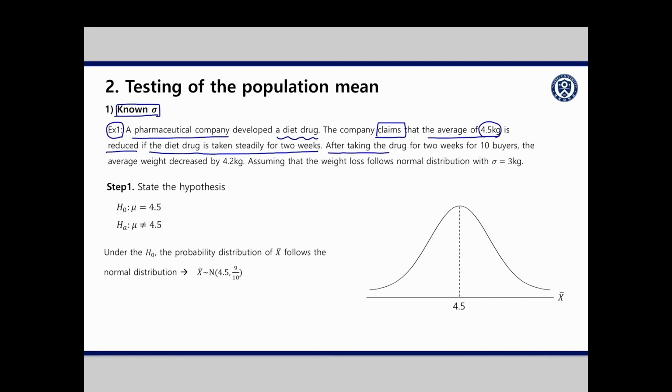After taking the drug for 2 weeks, for 10 buyers, that is the sample size n, the average weight decreased by 4.2 kilograms. That is the x bar of this sample, and we assume that the weight loss is a random variable x following a normal distribution with population standard deviation sigma equals 3 kilograms.